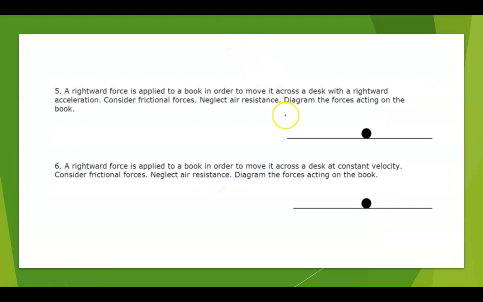A rightward force is applied. So I'm just going to go FA, and that really just stands for applied. It's got gravity and the normal force acting on it. Those two lines should be about the same. We're considering frictional forces, so to oppose that motion, we've got friction.